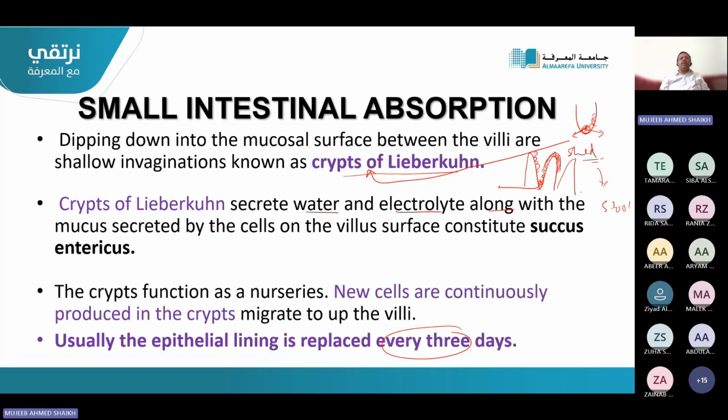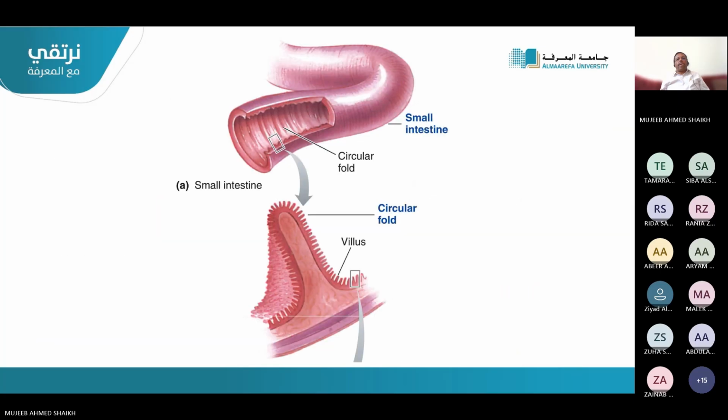It is said that after every 3 days, the surface becomes completely new, not the old one or the one from last week. So this is how the epithelium turns over. Epithelial cells are removed every 3 days and replaced by new epithelial cells, which are formed in the crypts of Lieberkühn.